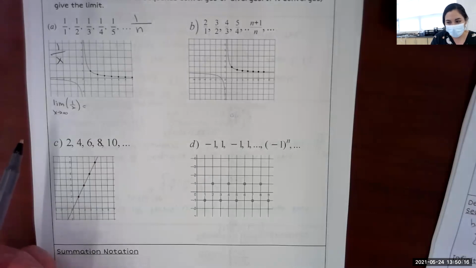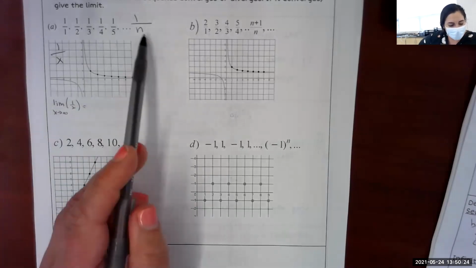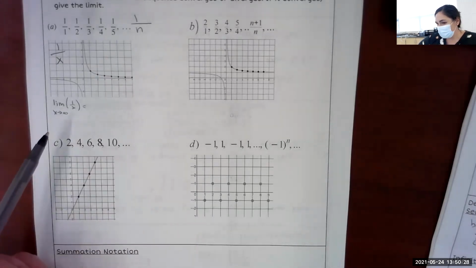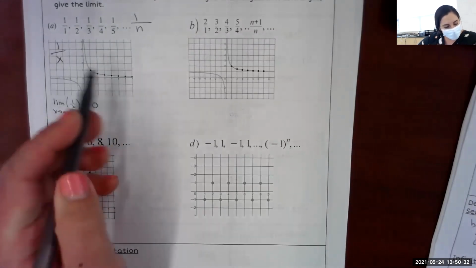Got some votes for 1, some votes for 0. What y value are we approaching? The bigger n gets, what's happening to the y values? Okay, we've got 0. Yeah, it's getting closer to 0.